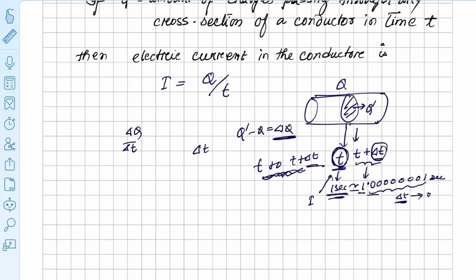So instantaneous current at an instant t is limit del t tends to 0 of del q by del t, which can be written as dq by dt, right? So hope you have understood this.